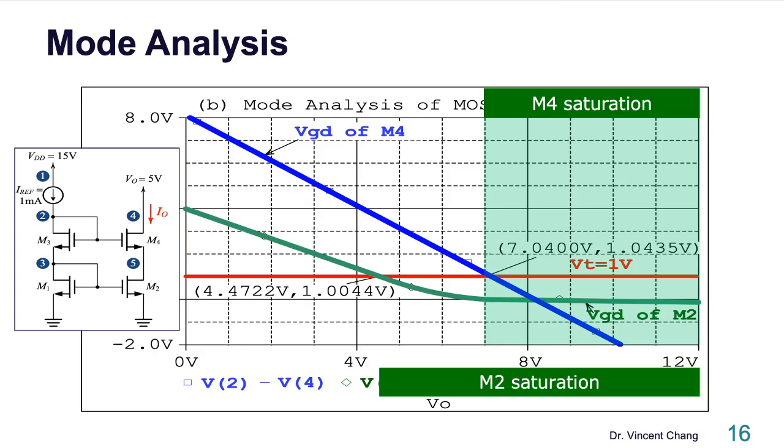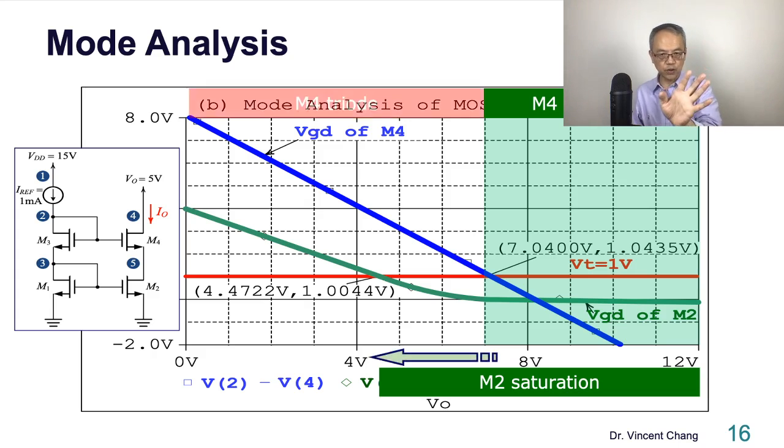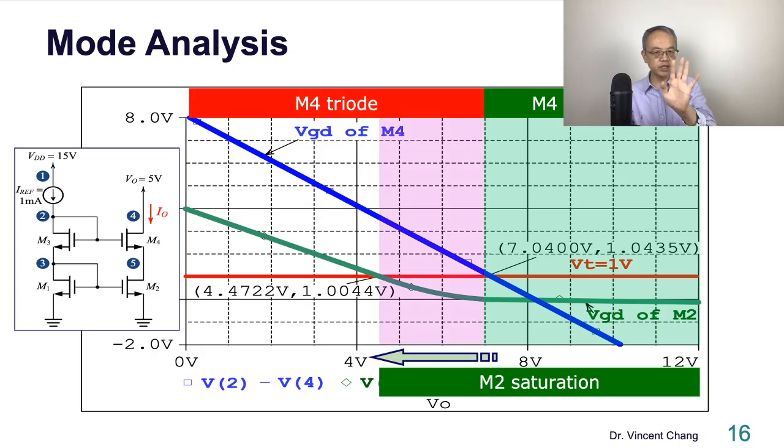And then M4 says goodbye saturation, I'm going to triode. At this time, M2 stays in the saturation region. Still remains in saturation. This is the zone in the middle.